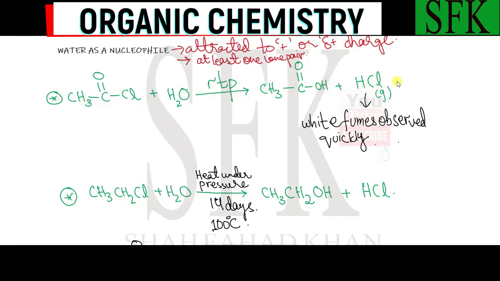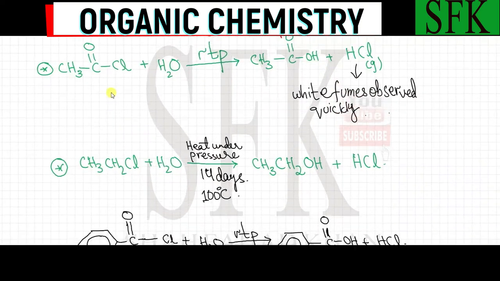This HCl produced over here is in the form of white fumes, which are observed quite quickly because acyl chlorides, as we know, are very reactive, and we've covered the reason why it's reactive in the previous video.